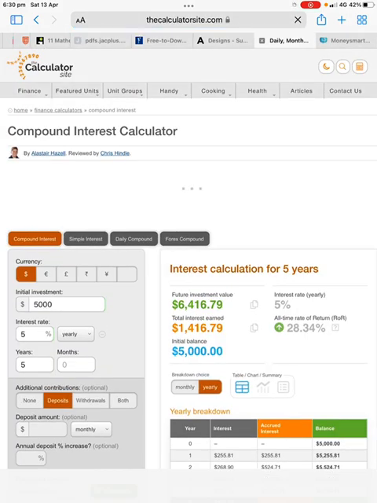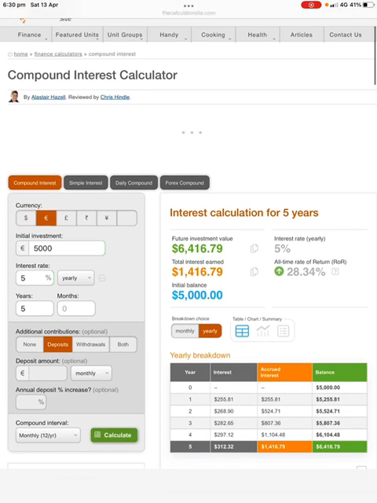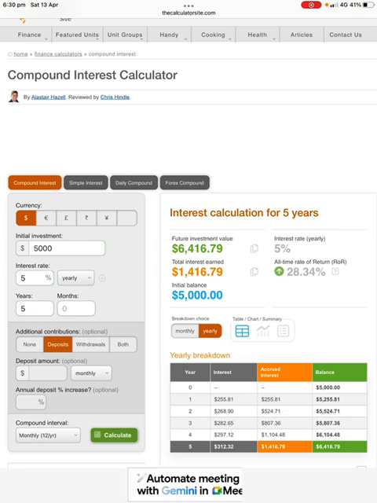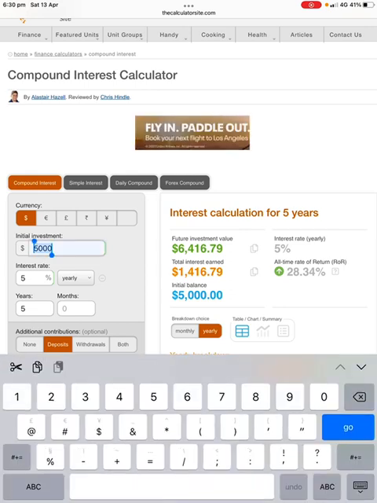I'm going to go back across into the calculator site, and it does look a little bit different, but that's okay. We can choose our currency, which is a nice feature, but we're going to stick to dollars. We're going to put in our initial investment, so that is our $2,000. Our interest rate is 4.2%, and that is yearly.